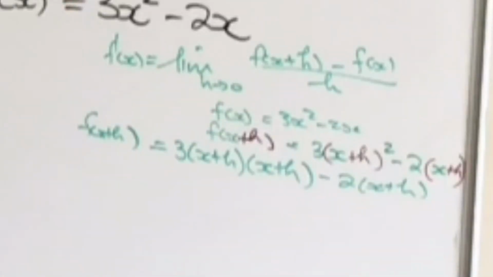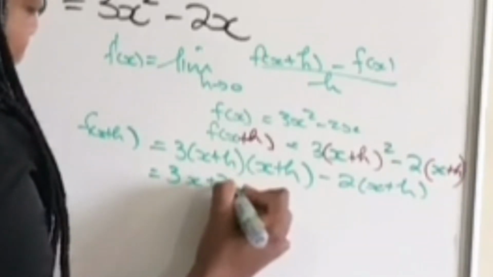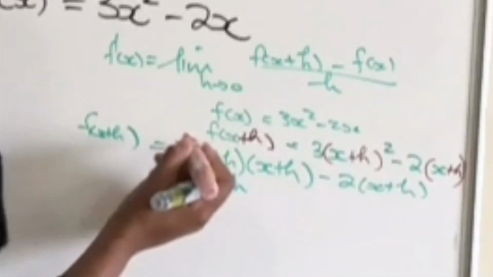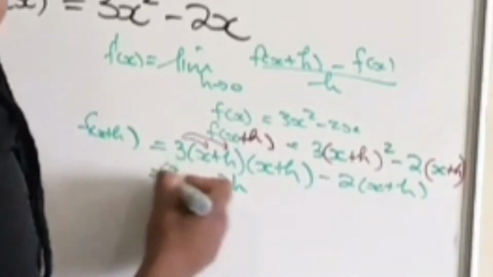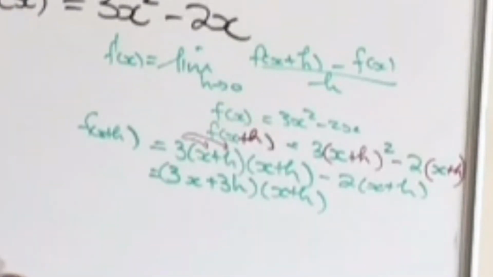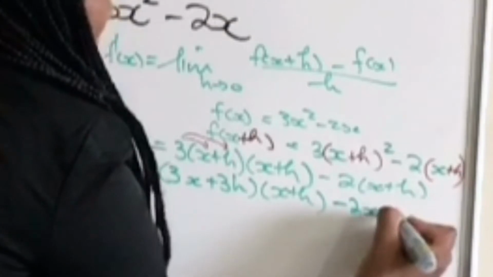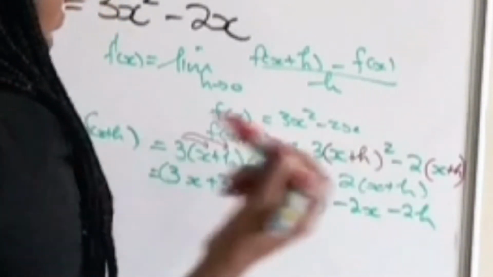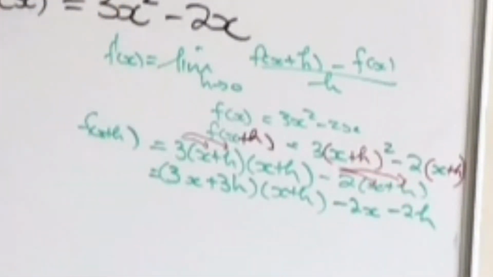We want to make sure we understand everything. So we have 3x plus 3h. What did we do there? We just multiplied through, 3 times x, 3 times h. So we have applied the 3 there, but we still have this in brackets. We just included the 3 in the first bracket to be safe. Then we can say this is minus 2x minus 2h. What did we do? We just said negative 2 times x and negative 2 times positive h.